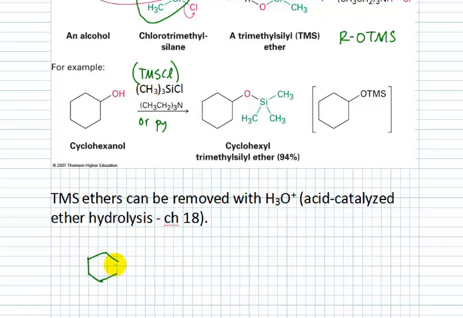So if I have this cyclohexyl OTMS and aqueous acid, I can restore the alcohol. We'll learn about acid-catalyzed ether hydrolysis in our next chapter, so we'll save the mechanism until then. Turns out fluoride ion also works. We'll talk about that in the next chapter.